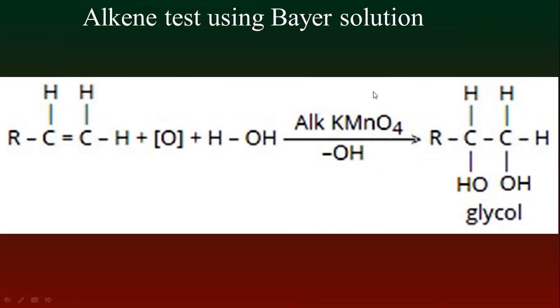When we use Bayer solution with any unsaturated compound like alkene, then the brown or violet color of alkaline potassium permanganate solution disappears by the production of glycol compounds. And this type of test cannot be given by any compounds other than alkene compounds.